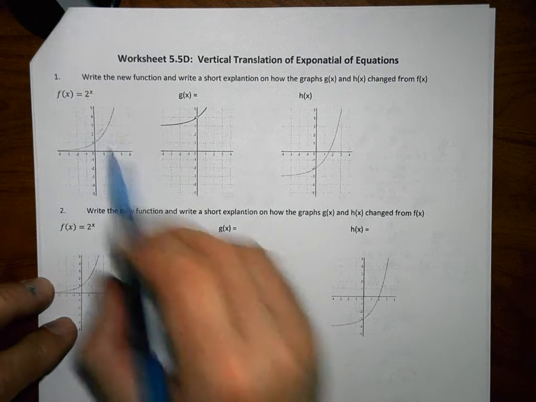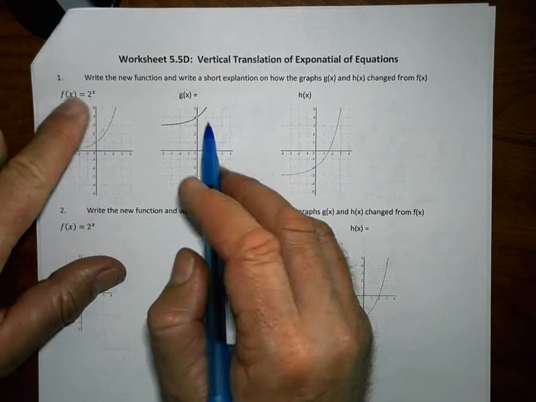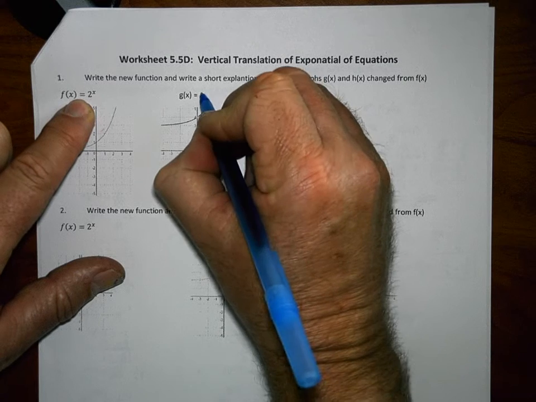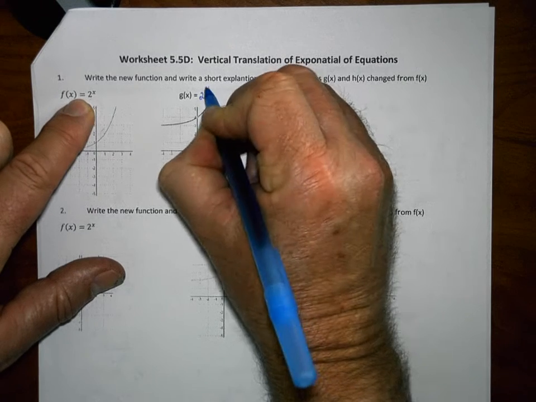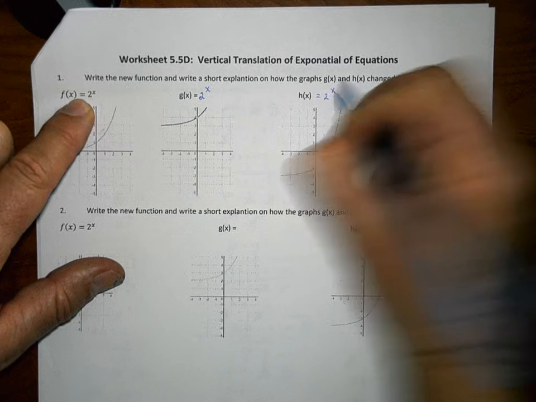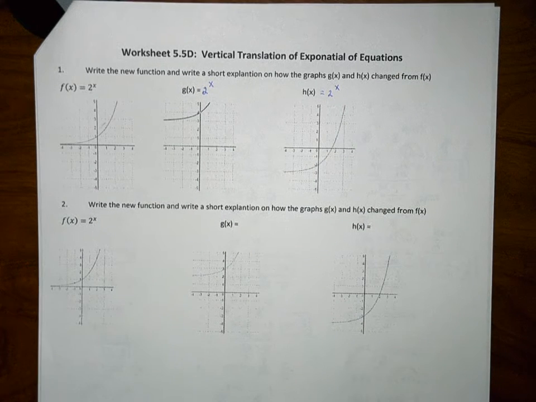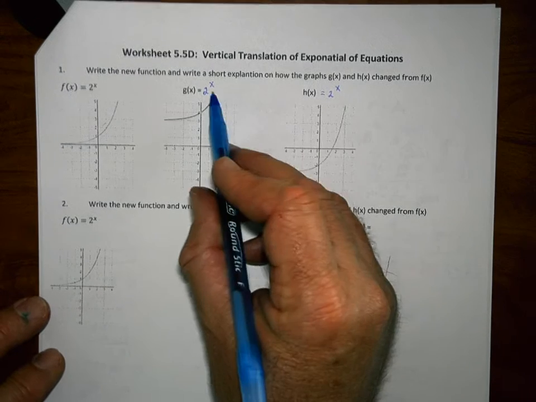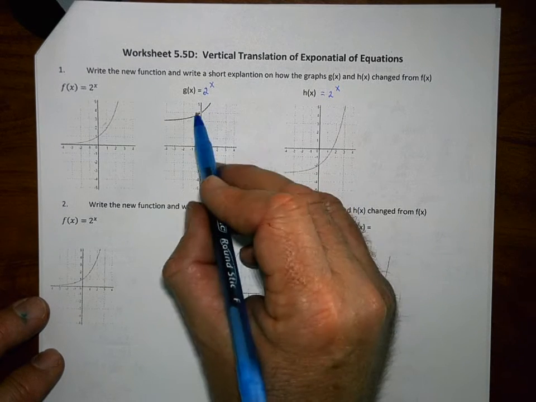Because they're identical, that tells me the 2 to the x power for each graph is going to be exactly the same.